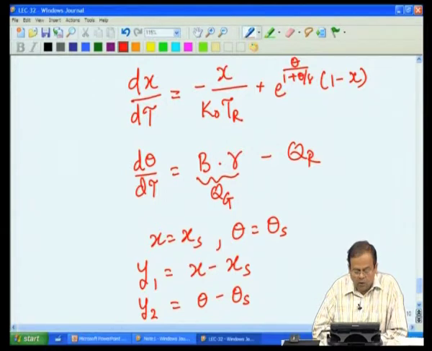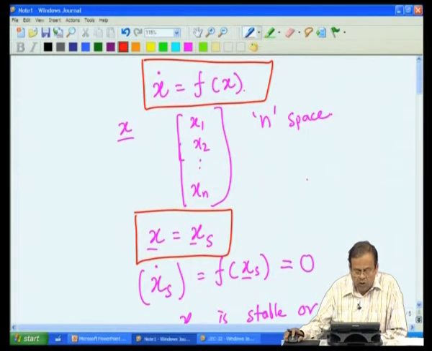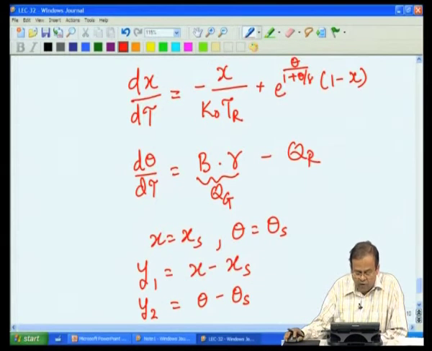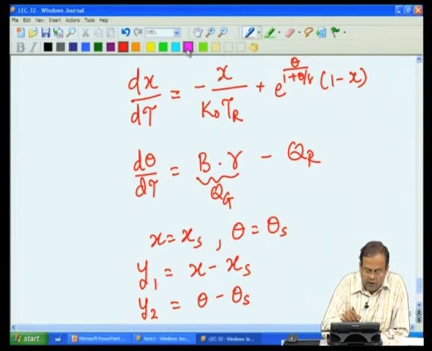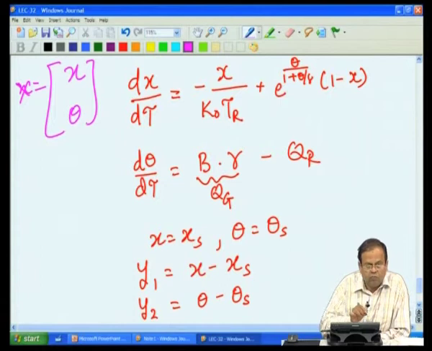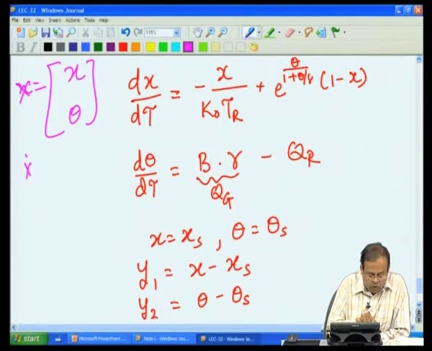Okay. So, given this, going back, what is our dynamics? x dot equal to f of x. This is not to be confused with dimensionless quantities, the notation is a little unfortunate, but let's stick with that, x and theta.